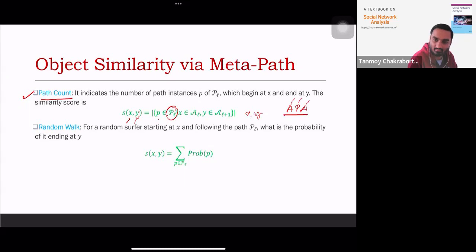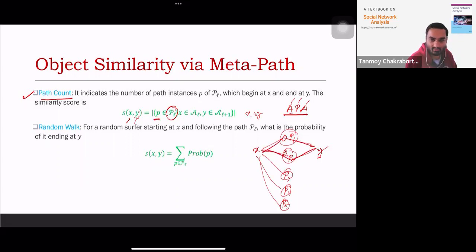Author, paper, and author. Say X has written paper P1, P2, P3, P4, P5. These are the papers written by X. And assume that P1 and P2 are two papers which are co-authored by Y. So the number of paths of type APA between X and Y would be 2. So the higher the number of paths, the higher the similarity.